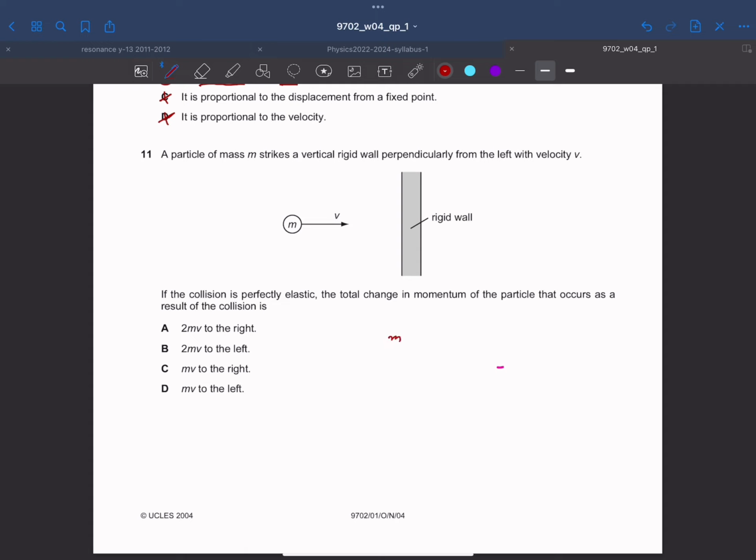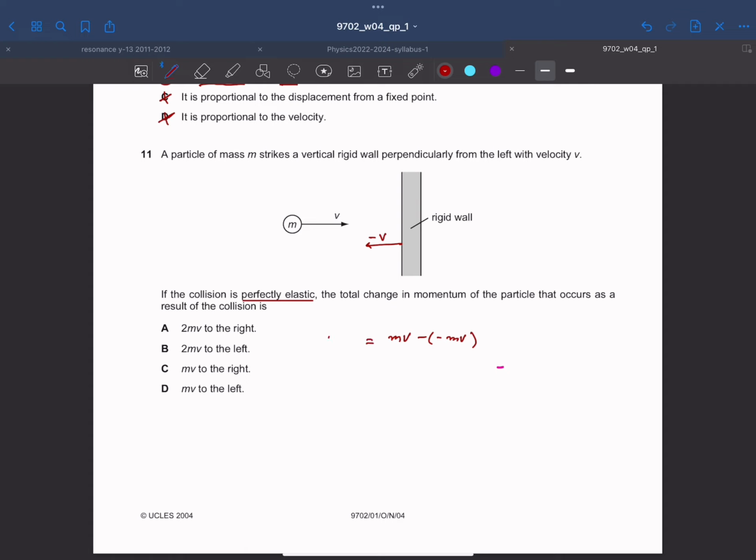So simply we can say mv minus mv, because the velocity after the collision will change direction with the same value. But as I said, the situation is only correct for a perfectly elastic collision, where there will be no loss or change in the value of the velocity.